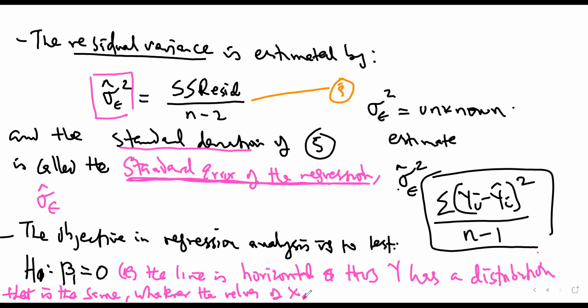Basically, that's what we are doing. When you say that H naught: beta 1 is equal to 0, that means that the line is horizontal, meaning that x has no effect on the estimated value of y, okay?